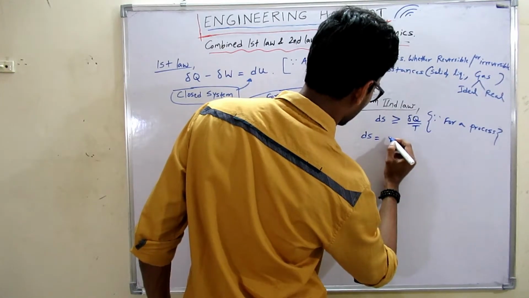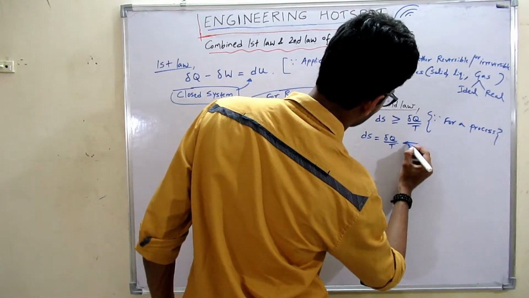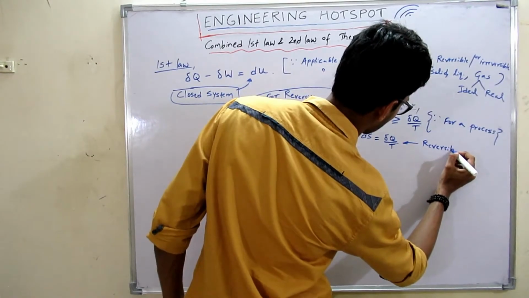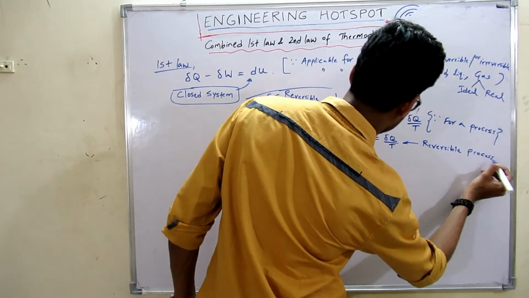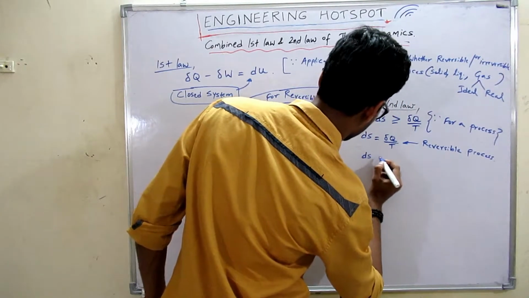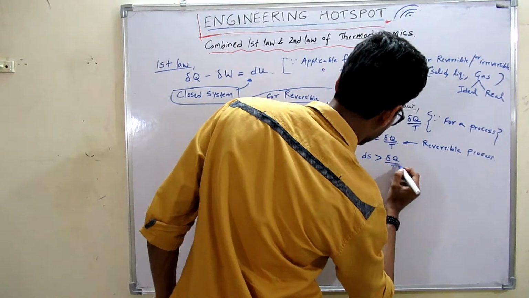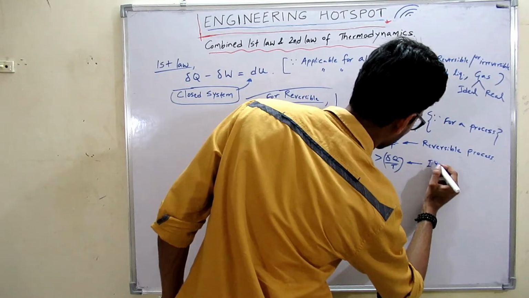If dS is equal to dQ by T, then this is applicable for a reversible process. While if you write dS is greater than dQ by T, this will be for irreversible process.